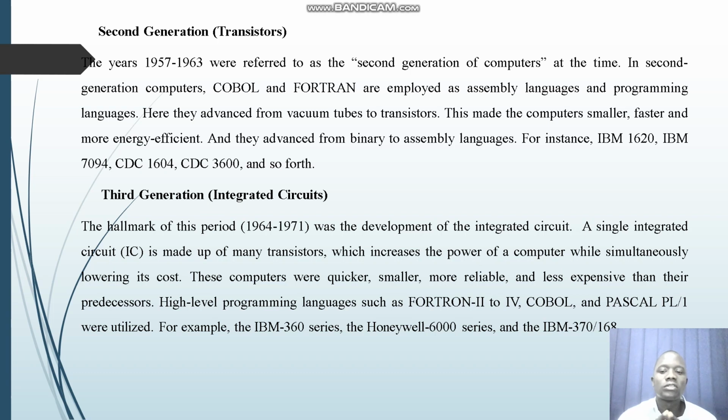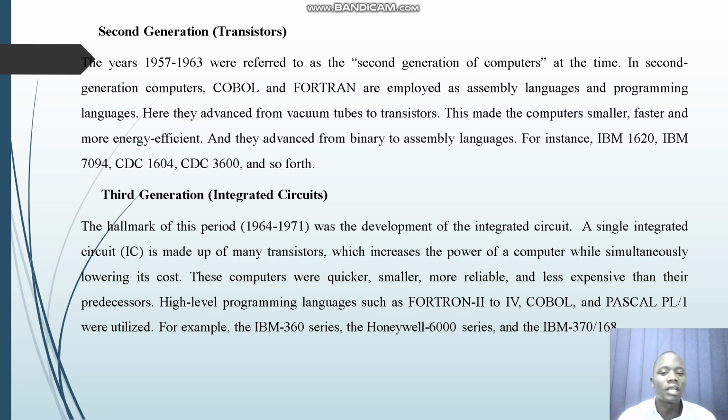The third generation was the integrated circuits. The hallmark of this period, 1964 to 1971, was the development of the integrated circuits. A single integrated circuit is made up of many transistors, which increases the power of a computer while simultaneously lowering its cost.